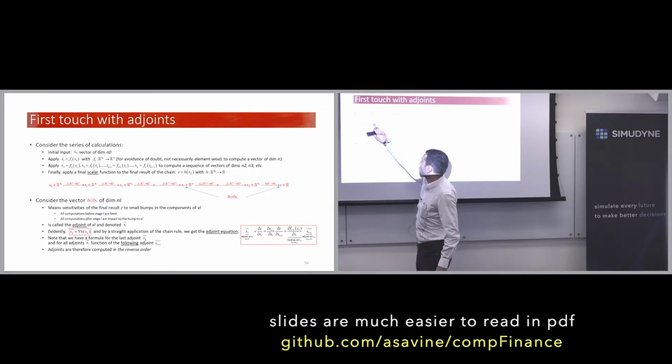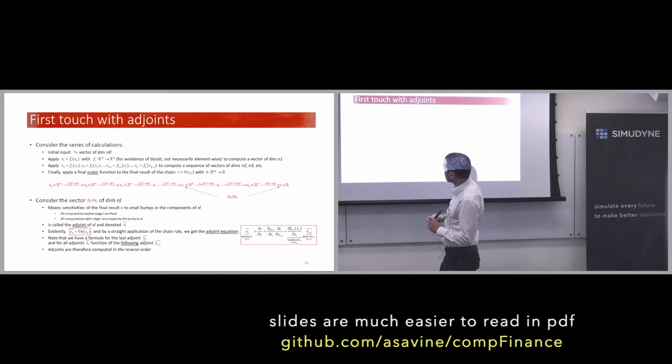So we apply x1 is f1 of x0. I'm dropping the parameters in this slide. So f1 is a vector function from Rn0 to Rn1.